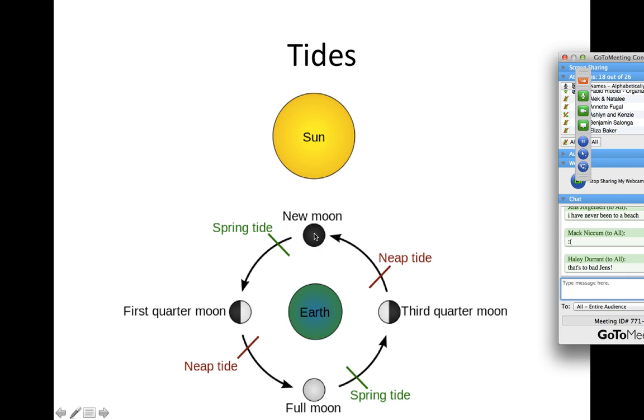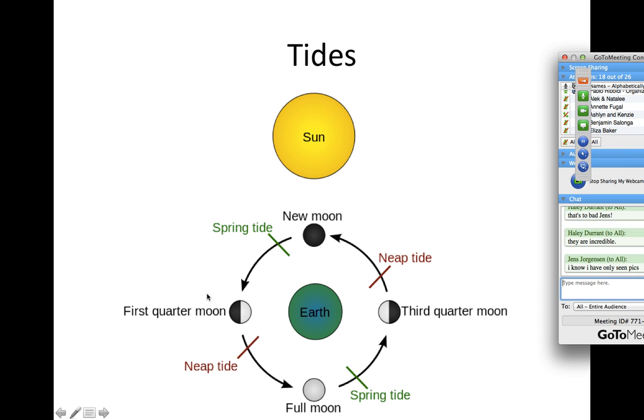When the moon is here at new moon, the Earth is feeling the gravitational pull of the moon and the sun together, and so the tide is larger. When the moon is full, you also have the gravitational pull of the moon and the sun working together as far as the movement of water goes.